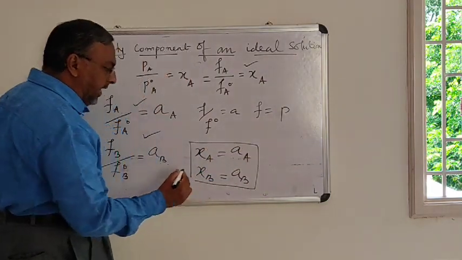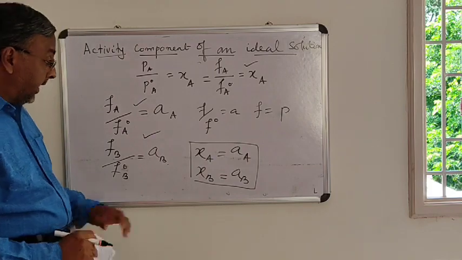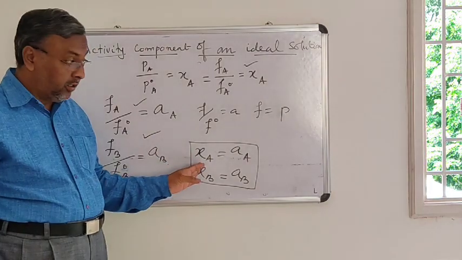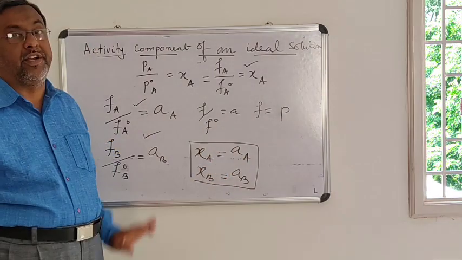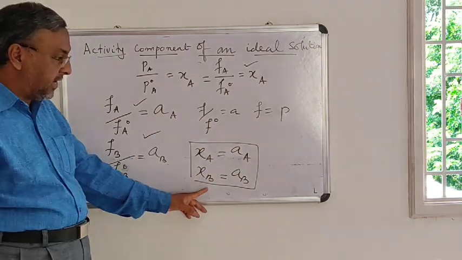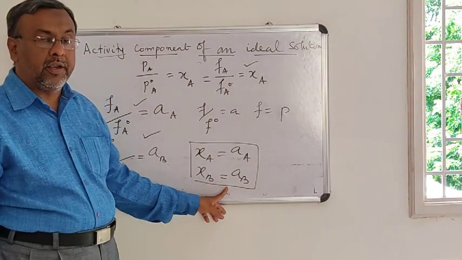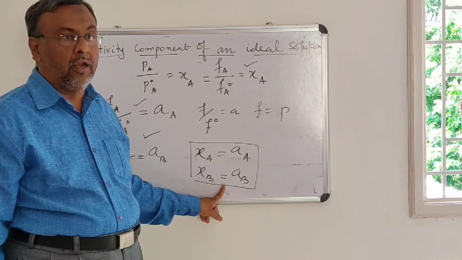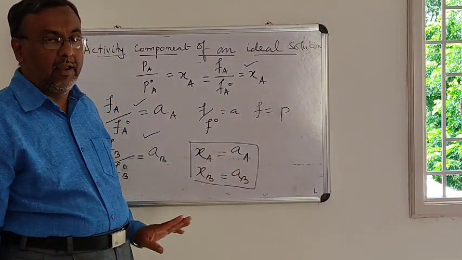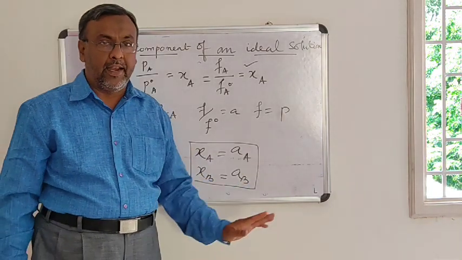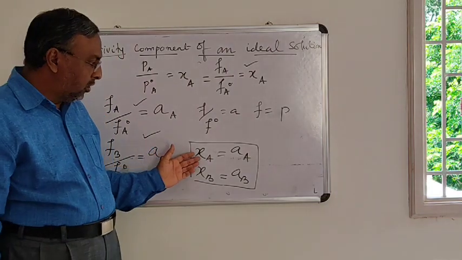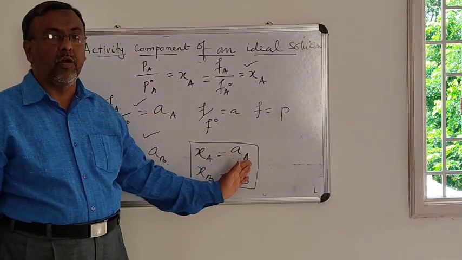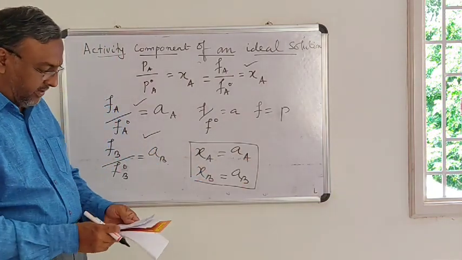In the case of an ideal solution, the mole fractions are equivalent to the activities. It is one more condition for a binary solution to be ideal. If a solution is ideal, then its mole fraction should be equal to its activity.